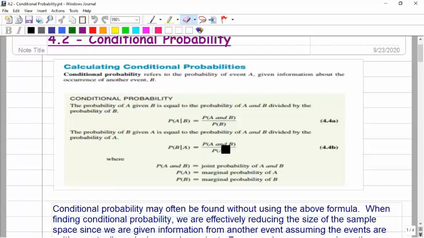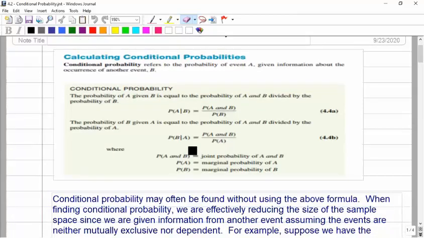It's the probability of A and B divided by the probability of A. On all these types of problems, no matter what lettering you're using, the denominator probability is always the probability on the right side of the condition symbol. You see that's a B, so it makes that a B. This is an A, so that's an A.